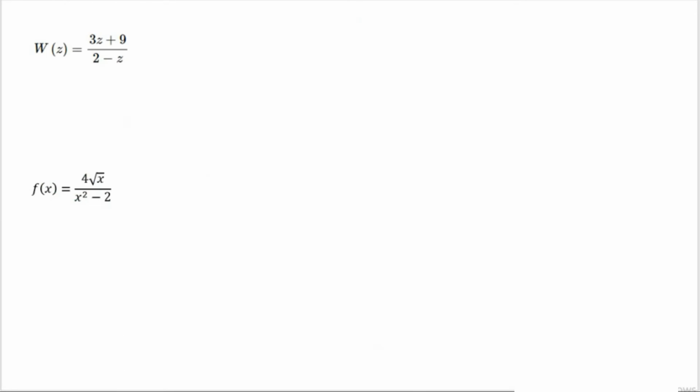Now, next, the last two examples are in terms of a quotient. So therefore, we're going to use the quotient formula. If this is equal to u over v, the derivative of the quotient will be equal to v du minus u dv all over the square of the denominator, which is v.